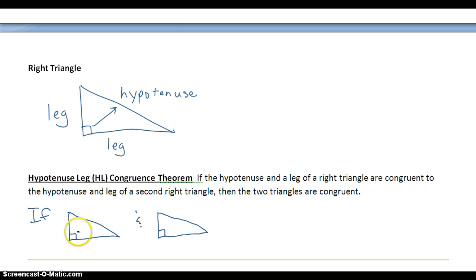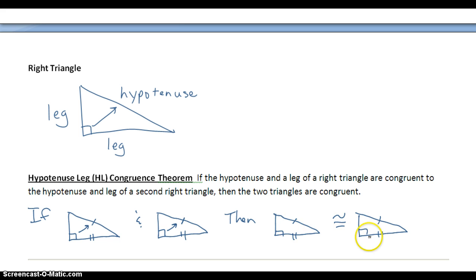If the hypotenuse, the side opposite the right angle, is congruent to the hypotenuse of another triangle, and I have one pair of congruent legs, then that's enough to prove that these two triangles are congruent by the hypotenuse leg congruence theorem. So I have another way to prove triangles congruent, HL.